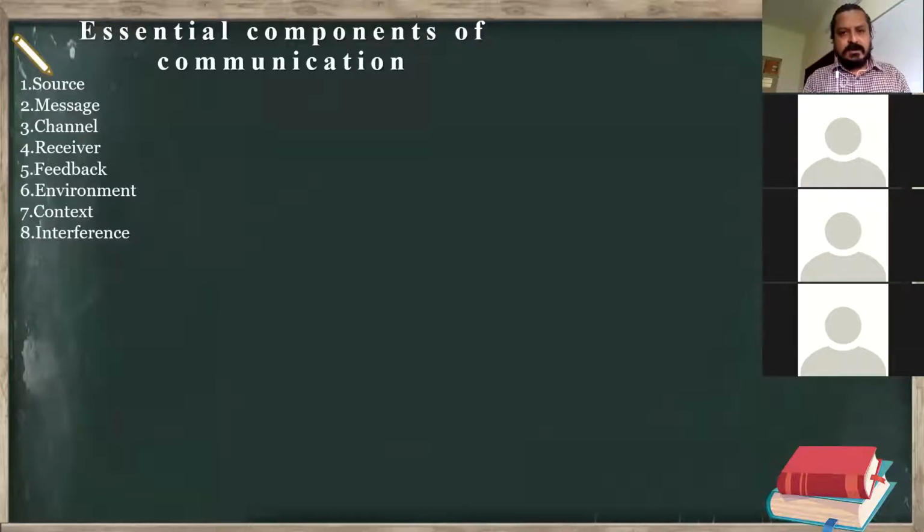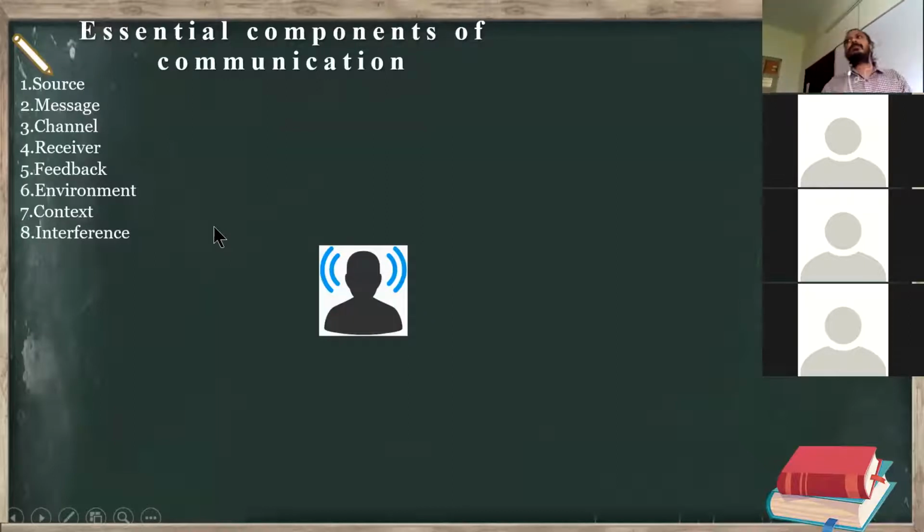We'll try to understand this through this chart, which you will be able to see step by step. The first element, the source, is a person. Now, there are different sources. I am a source of communication right now, but if a college is communicating to you, the college becomes a source.